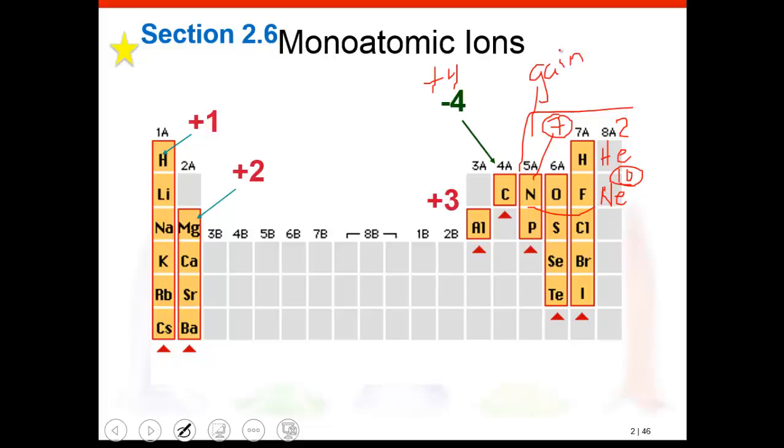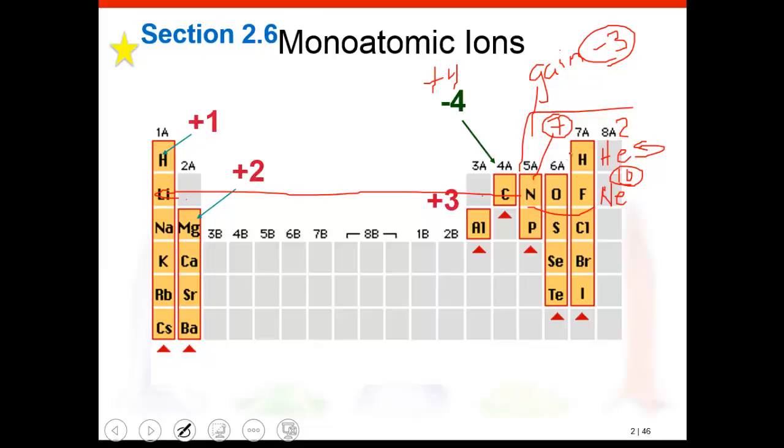So it needs 3 extra electrons. And so it's going to have a -3 charge. 3 extra electrons are shoved on there. Because if we were to count backwards here, nitrogen, if it were to lose electrons to have 2 like helium, it would have to lose 5 electrons. It's easier to gain 3 than lose 5.